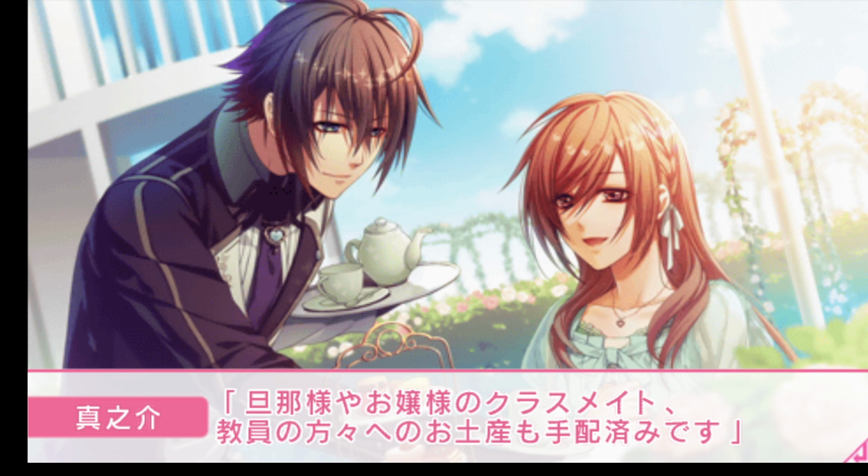This "e" particle is used with verbs, like "iku". Do you remember? Iku is to go. For example, in this sentence you have "e" used with a verb, right?